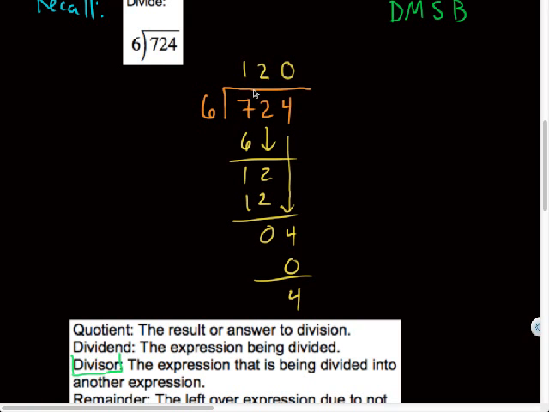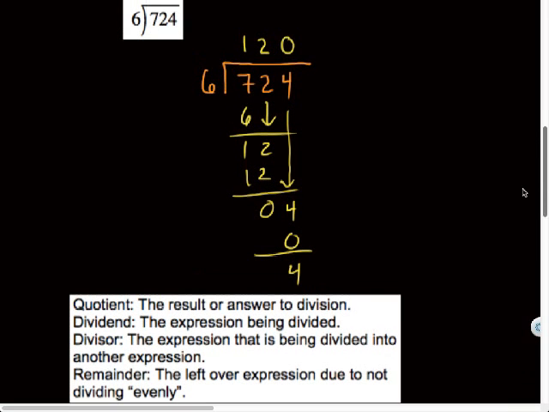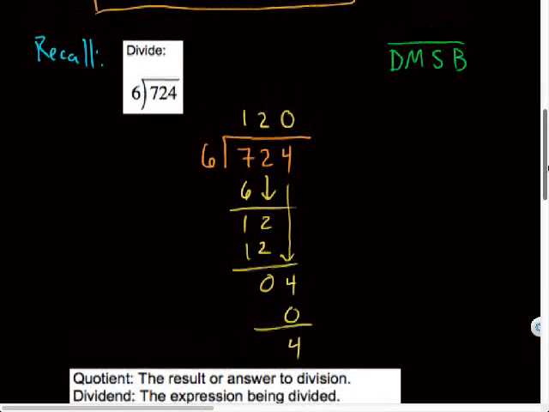All right, so we've got so far quotient, dividend, divisor, and then the last part it says is the remainder, which is the leftover expression due to not dividing, and I put evenly in quotes, right, where I can't get 6 to go into 4 anymore. So this would have been called the remainder, okay? Just so you guys understand some of the language there. All right, and that same language is going to apply when we're dealing with polynomials.